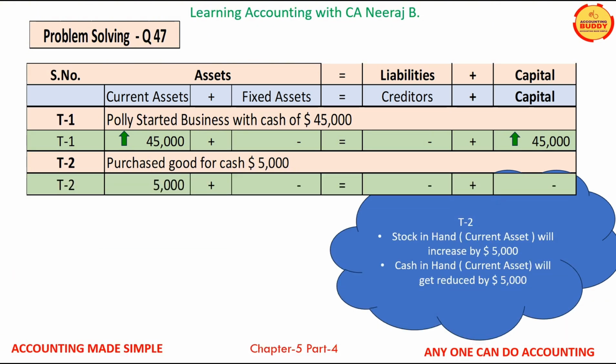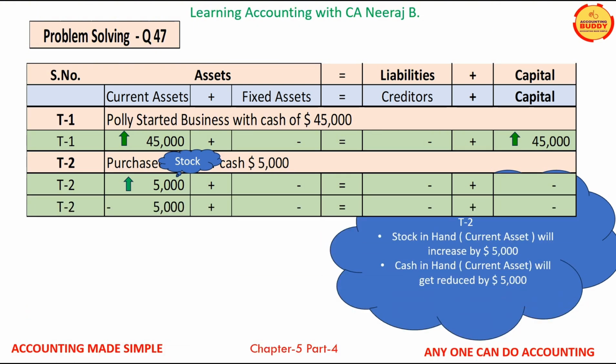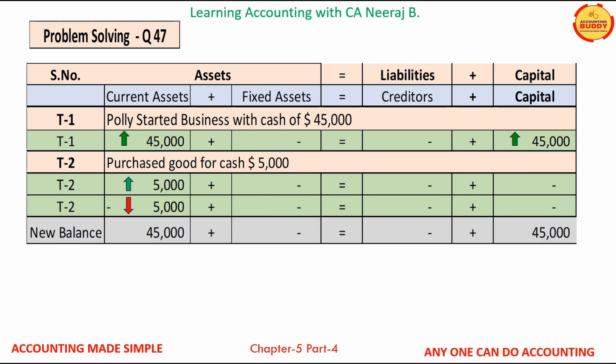Stock, which is an asset, will increase by $5,000, and since the transaction is settled by cash, cash, which is again an asset, will be reduced by $5,000. The new accounting equation after the T2 transaction will have $45,000 as assets and $45,000 as capital.